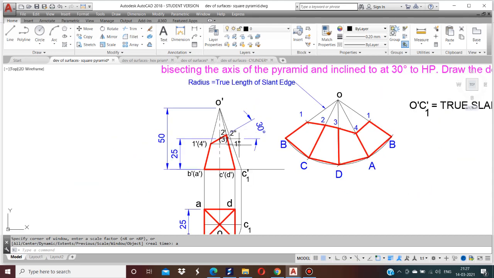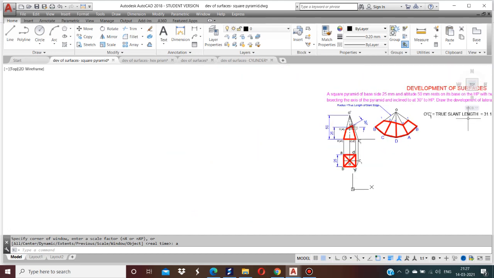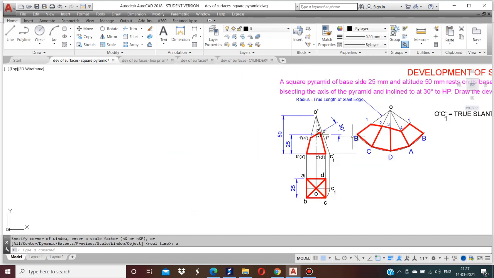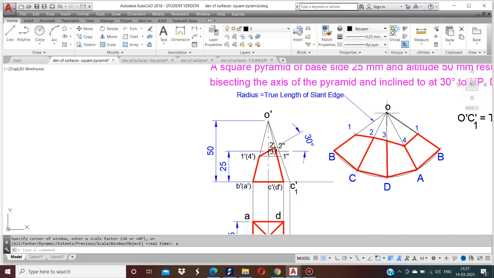Now for the development, in the next step, mark a point O and draw an inclined line at any angle, the inclined line OB, with length equal to 31.1558.